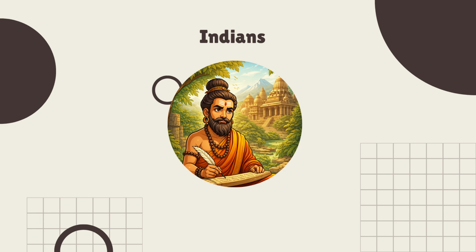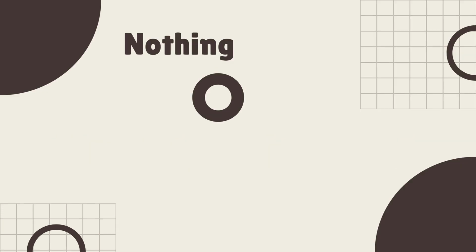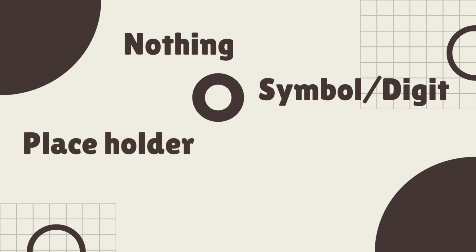And the Indians? Well, before we see what the Indians did, let's first ask, what does zero mean? Zero means nothing. It also means a digit. It is one of the 10 digits that we use. It's a symbol. It's also a placeholder. It divides the positive and negative numbers, and it's also a number.